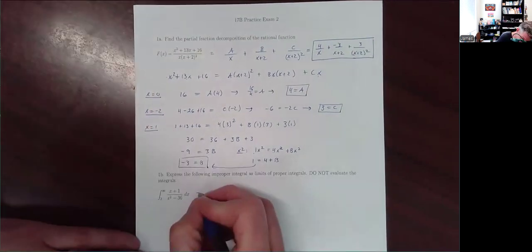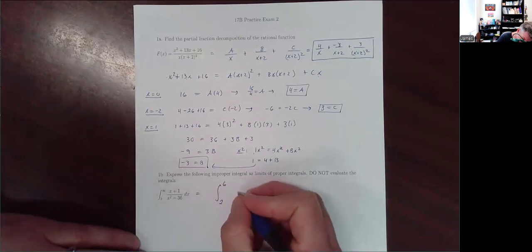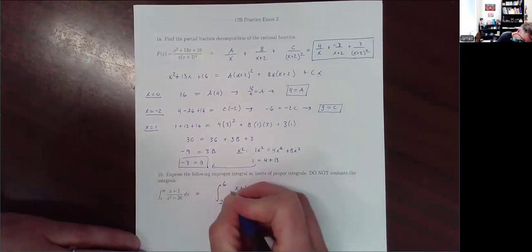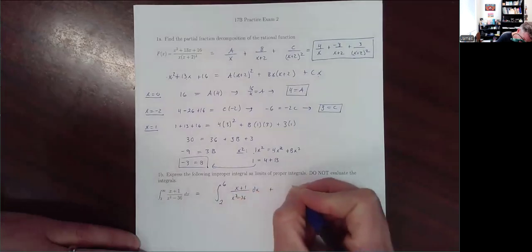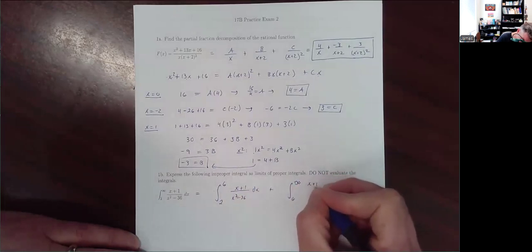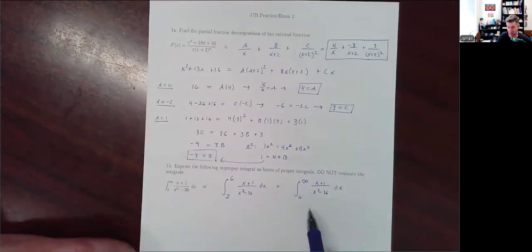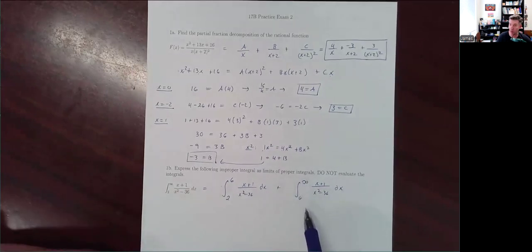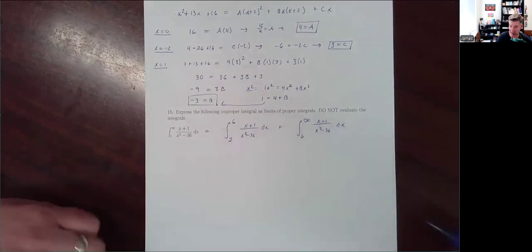So first we're going to break this up as the integral from 2 to 6 of (x plus 1) over (x squared minus 36) dx plus the integral from 6 to infinity of (x plus 1) over (x squared minus 36). But then we actually have to break up this integral again because a single integral can only have one problem at a time. And this integral has both 6 and infinity as a problem.